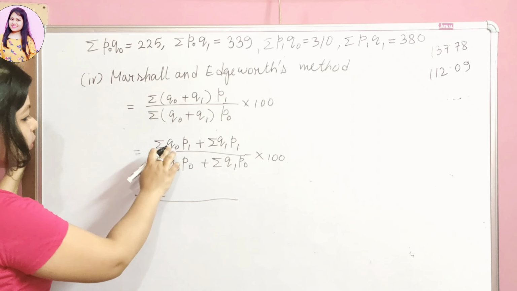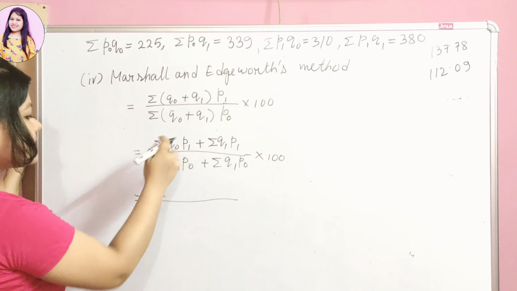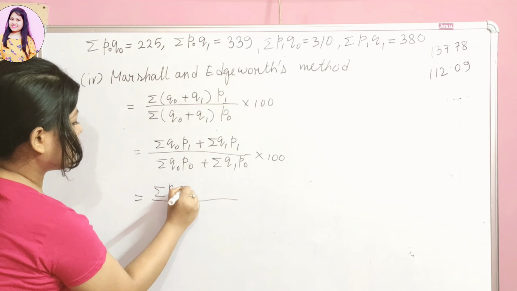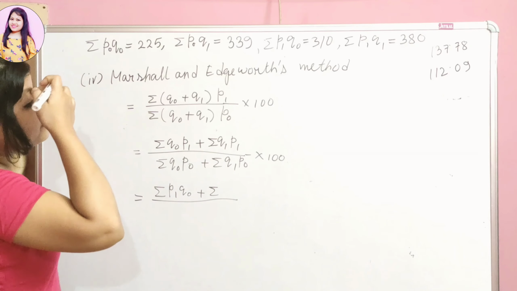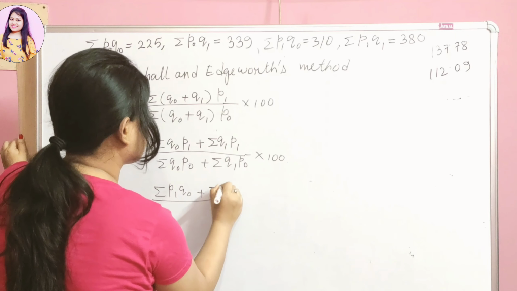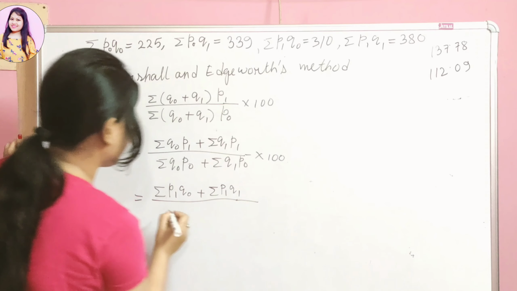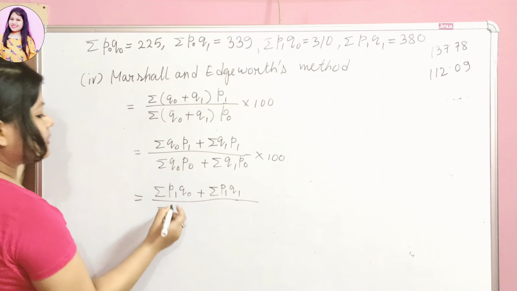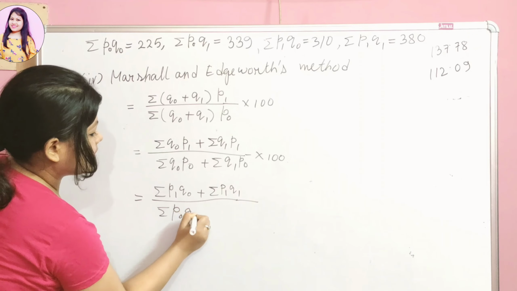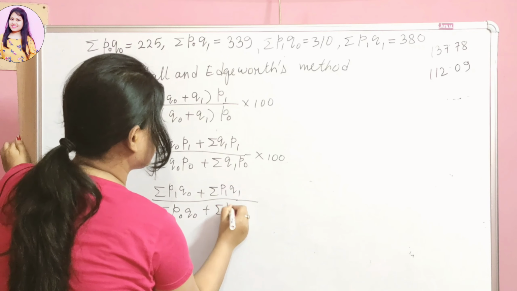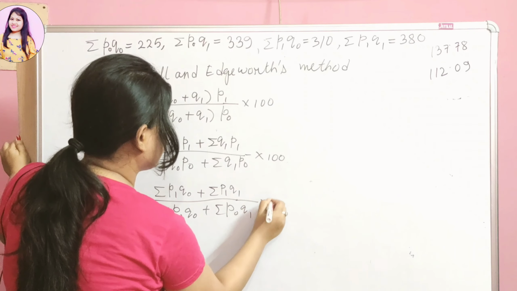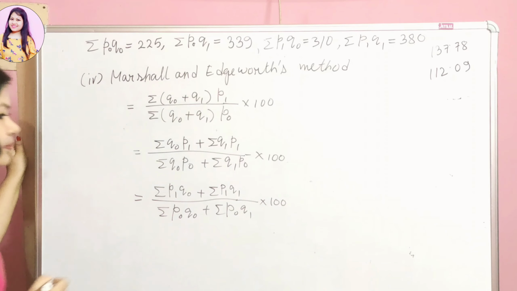The product Q naught P1 is the same as P1 Q naught, Q1 P1 is the same as P1 Q1, Q naught P naught is the same as P naught Q naught, and Q1 P naught is the same as P naught Q1, into 100.